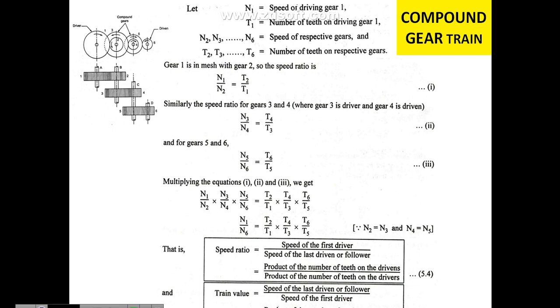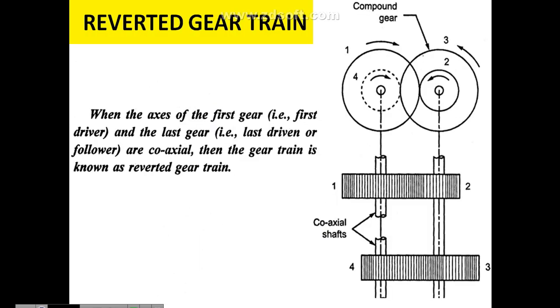That is nothing but the speed ratio, the speed of the first driver divided by the speed of the last driven. That is also equal to the product of the number of teeth on the drivens divided by the product of the number of teeth on the drivers. The train value is the reciprocal of the speed ratio that we have seen already.